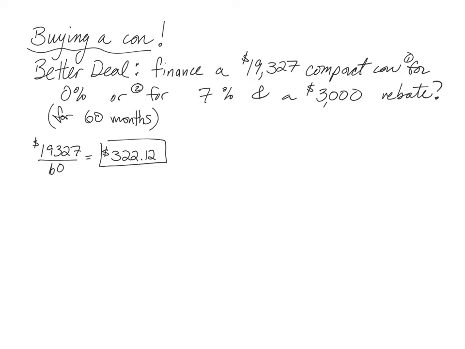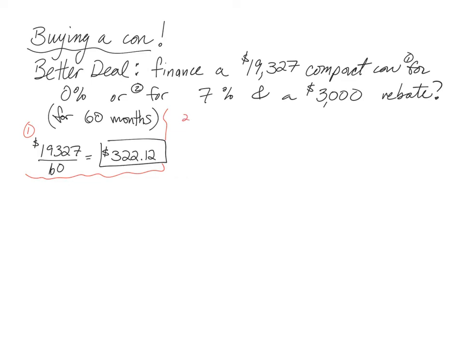Now in this other scenario, we have the present value of the car not being $19,327. What we get to do instead is subtract the rebate. So this would be for scenario 1 over here. There we go.